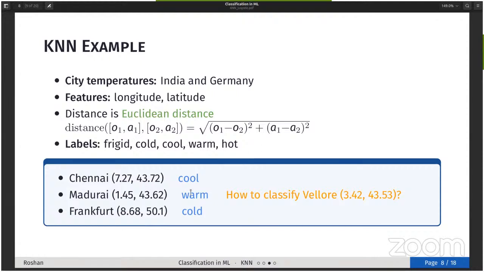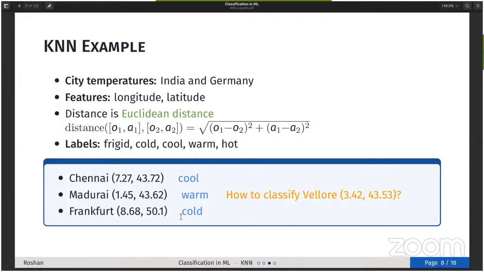Let's say in Chennai, this is my longitude and this is my latitude, and based on these two features I have the label as cool. Then there is Madurai and then there is Frankfurt in Germany, each having longitude and latitude.